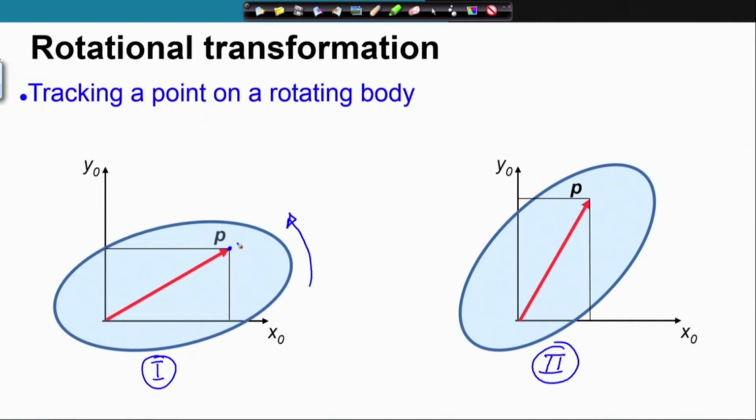There is a point capital P on the body whose position vector is this vector small p. So, this point P goes over here upon rotation and the new vector is again represented here as p. So, small p vector represents the position of the point capital P.